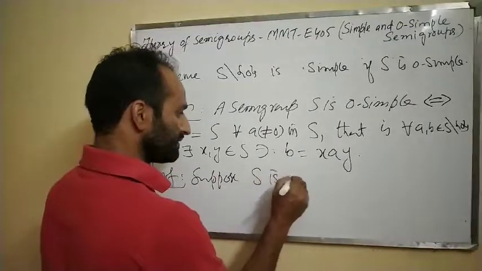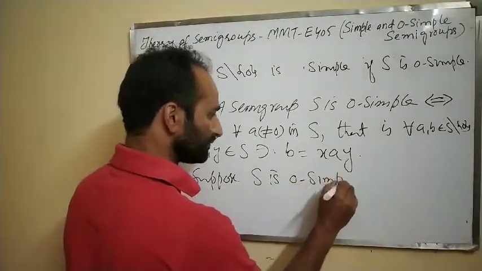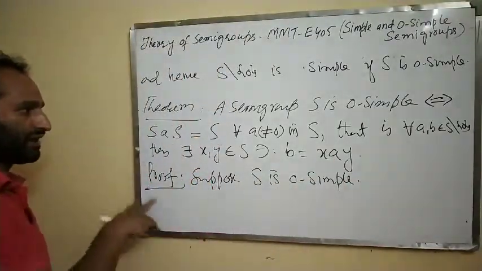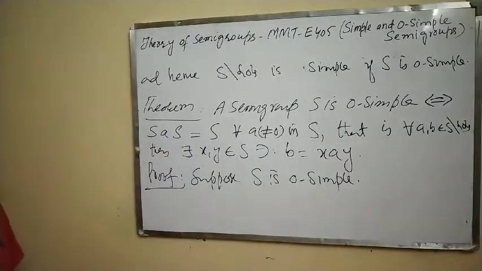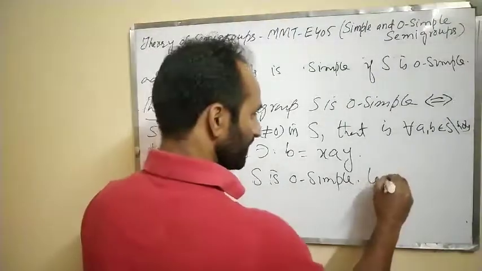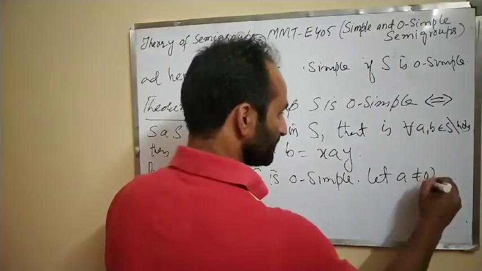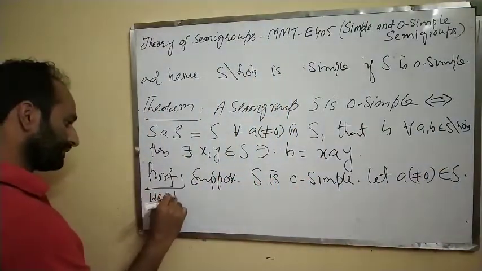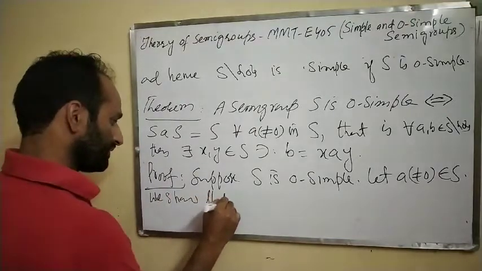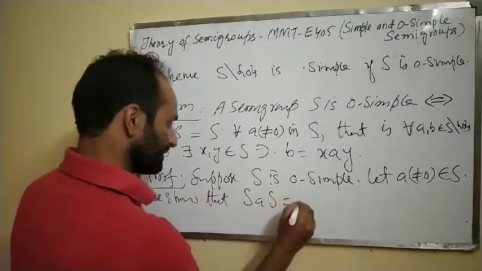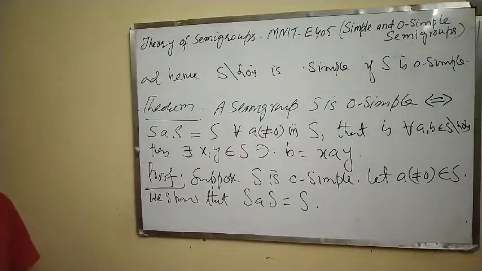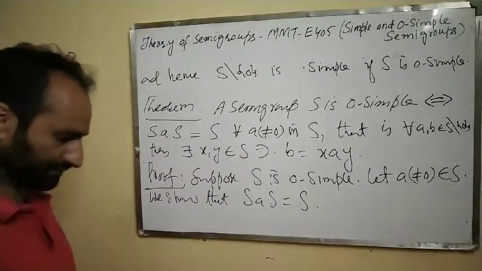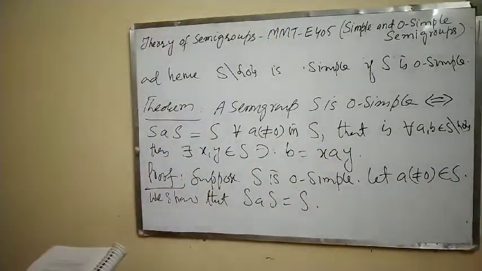And we need to show that for every A not equal to 0 in S, SAS is equal to S. So let's choose any element A not equal to 0 in S. We show that SAS is equal to S. So how do we proceed?